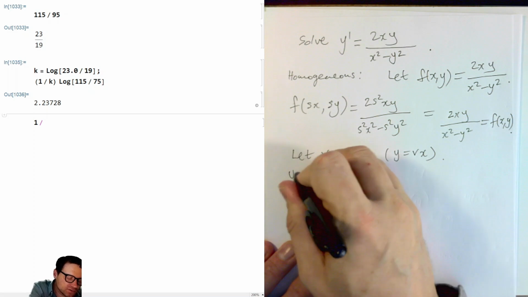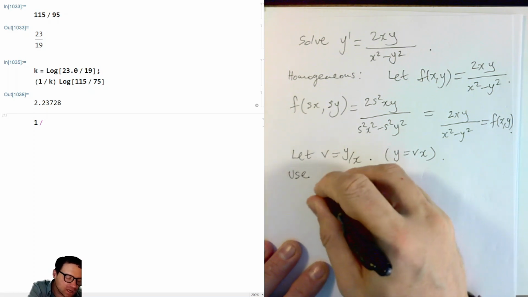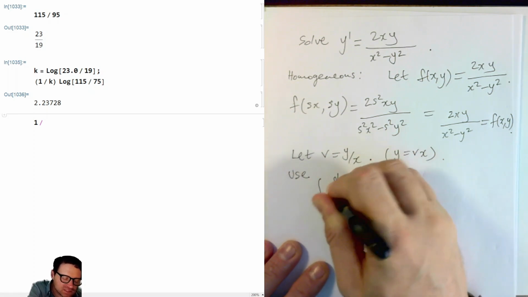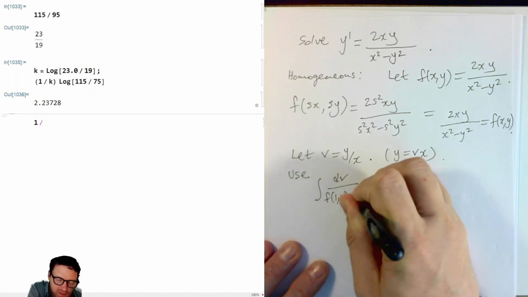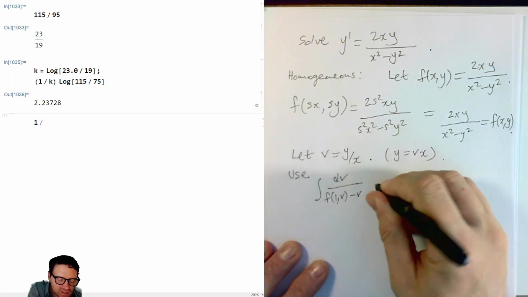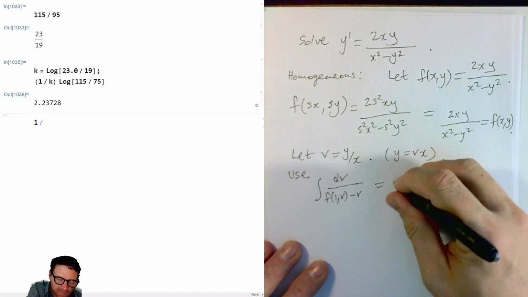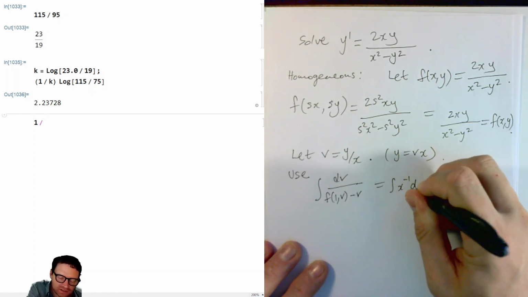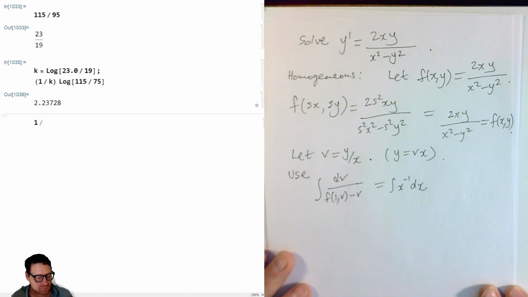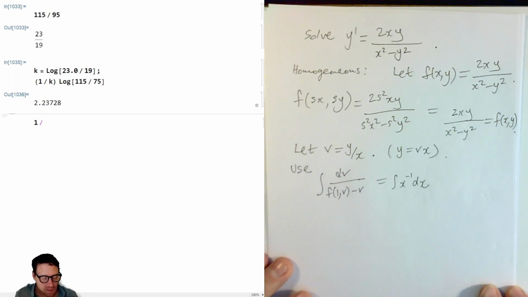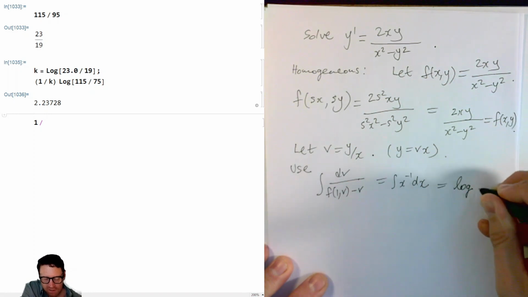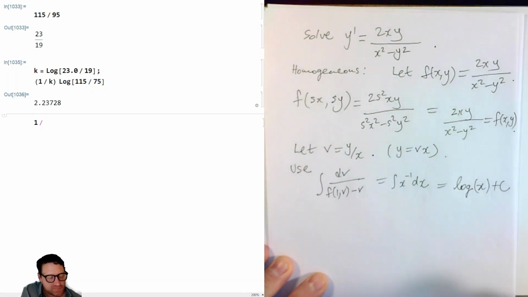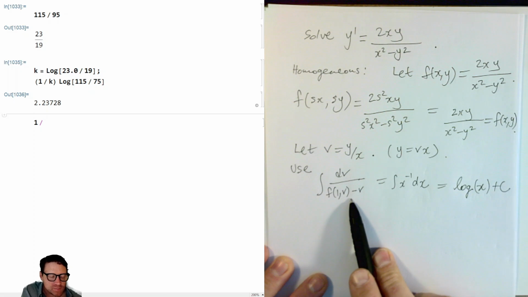And so we use the formula dv over f of 1 comma v minus v equals the integral of x to the minus 1 dx. Okay, and this integral on the right hand side is easy. It's just natural log of x plus c. The one on the left is a little bit more tricky.